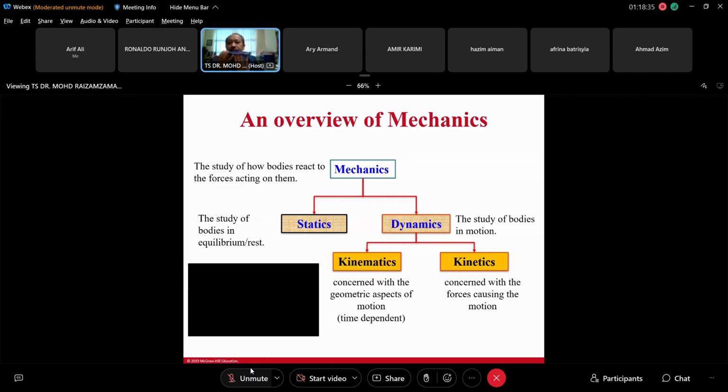What happened? Does the table move when you try to push? Yes or no? Yes. Now you are giving forces to the table. So that's kinetics, giving forces to the table. That's what we call kinetics. So to make sure that you understand this, let's look at the video here.